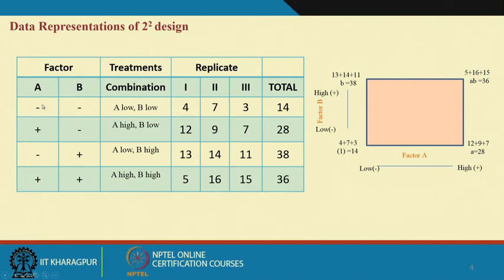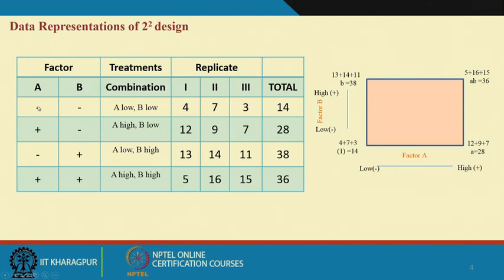So, we are denoting like this: A minus plus minus plus, low high, B. When A low, B low; A high, B low; A low, B high; A high, B high.